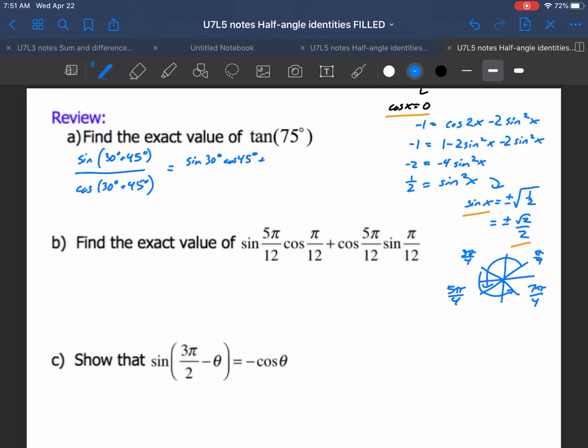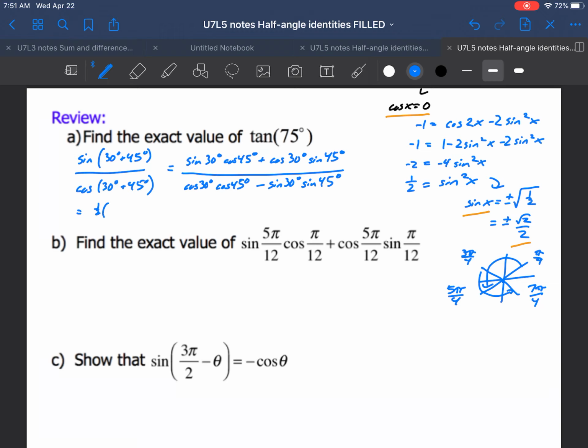For sine, that's sine 30 cosine 45 plus cosine 30 sine 45. And then for cosine, it's cos 30 cos 45 minus sine 30 sine 45.